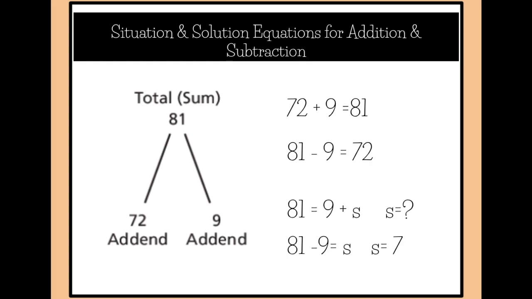In this case, our answer once we subtract 81 - 9 is 72, so s = 72. There's a difference between when we have the information and the structure of our equation, that is called the situation equation, and when we know what operation we're going to use to solve for that equation, we call that a solution equation.